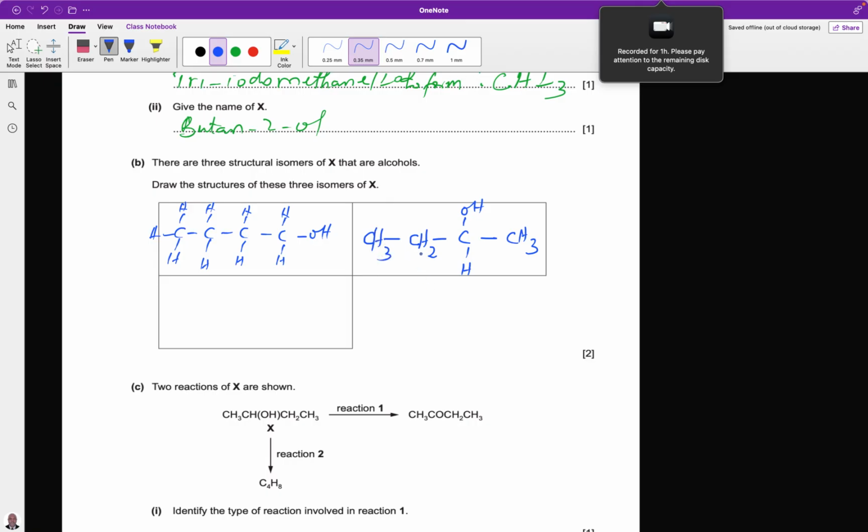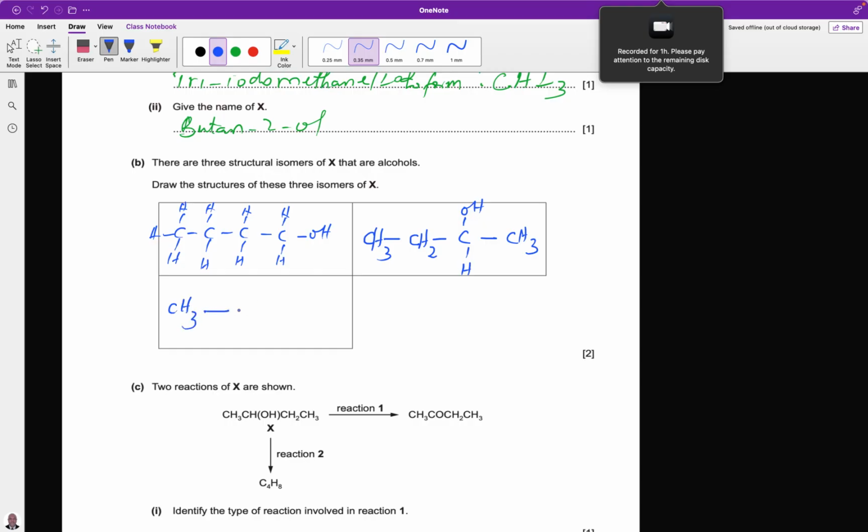If you draw this structure, it is acceptable. That is a secondary alcohol. Now, a tertiary alcohol in this case will contain CH3, CH3.